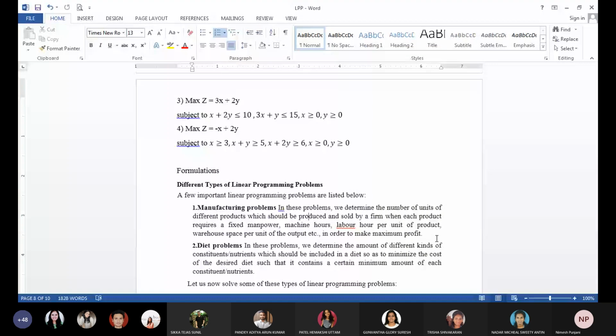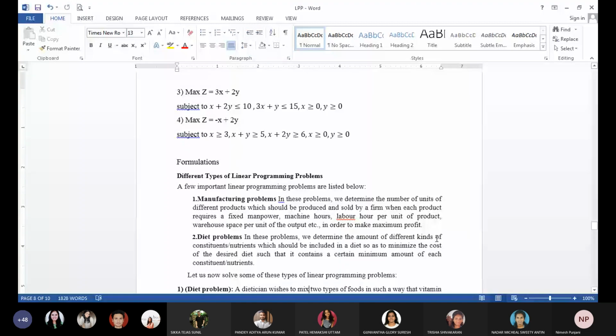Another standard example is your diet problem. In this problem, we determine the amount of different kinds of constituents which should be included in a diet so as to minimize the cost of the desired diet such that it contains a certain amount of each nutrient.